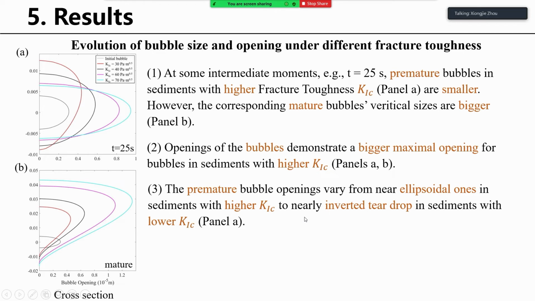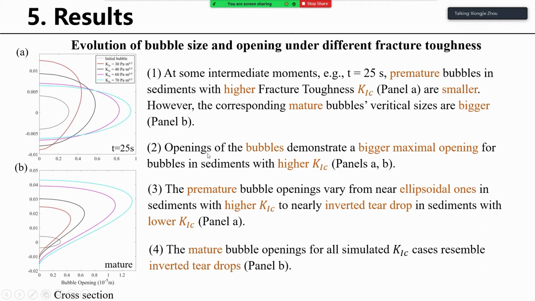The premature bulb openings vary from near ellipsoidal ones in sediments with higher K1C to nearly inverted teardrops in sediments with lower K1C. And the final one is that the mature bulb openings for all simulated K1C cases resemble inverted teardrops.